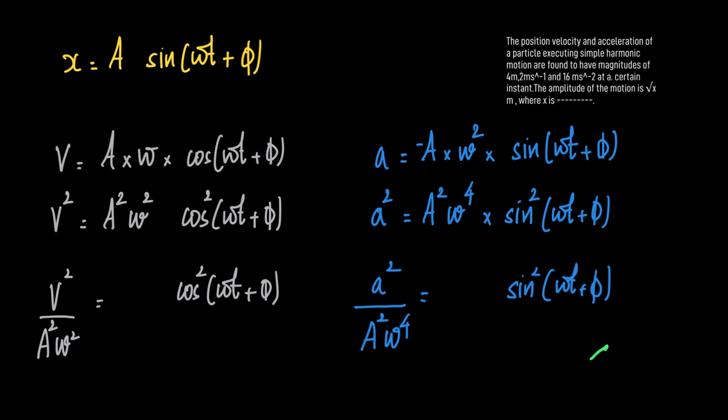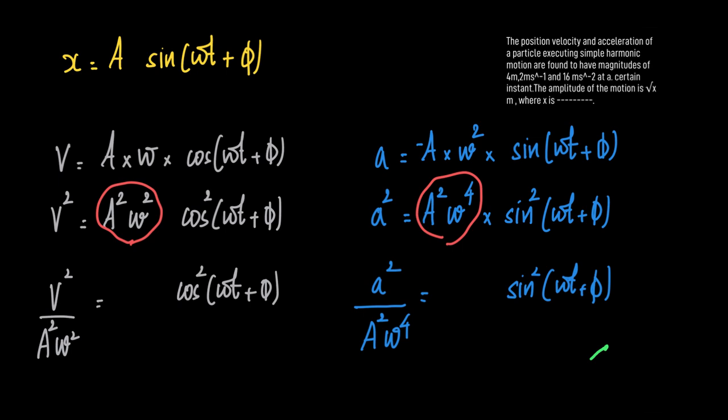Yes, this is where a minor difference comes in from the previous approach. Now, can I bring this a square omega square to the LHS? Which gives me v squared by a square omega square is equal to cos square omega t plus phi. Similarly, can I bring this a square omega to the power 4 to the LHS, which gives me sine square omega t plus phi on the RHS?